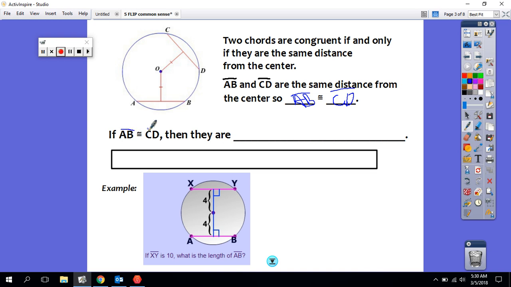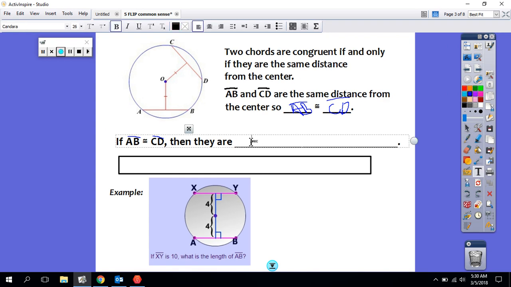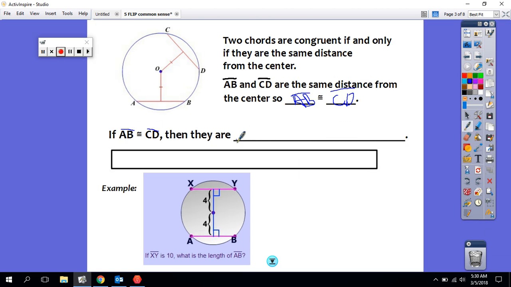So if chord AB is congruent to chord CD, then they are the same distance from the center of the circle.